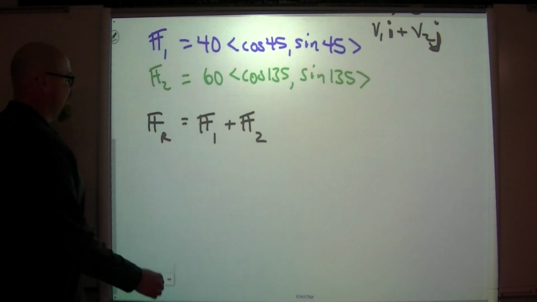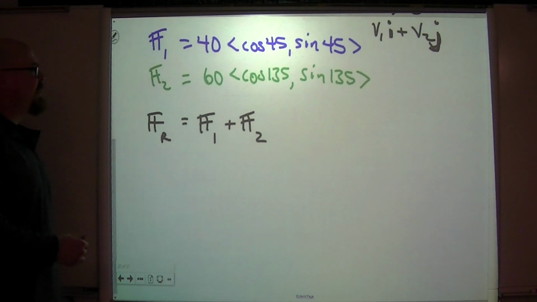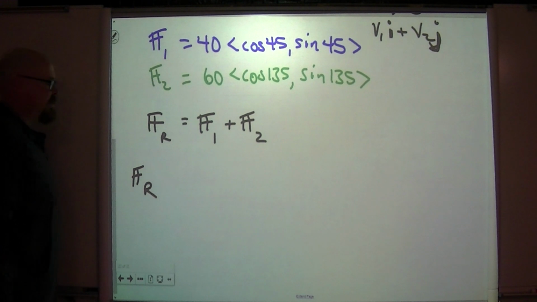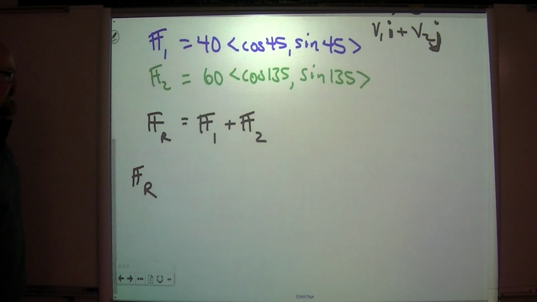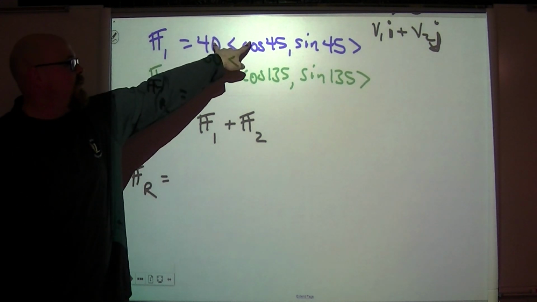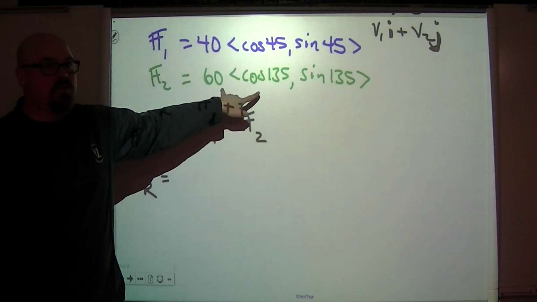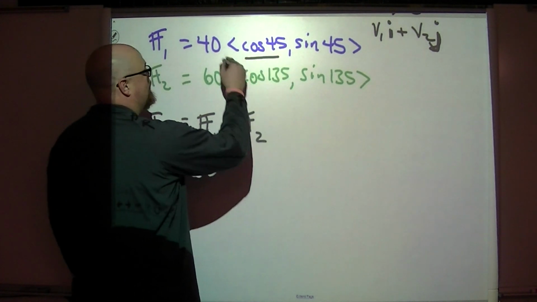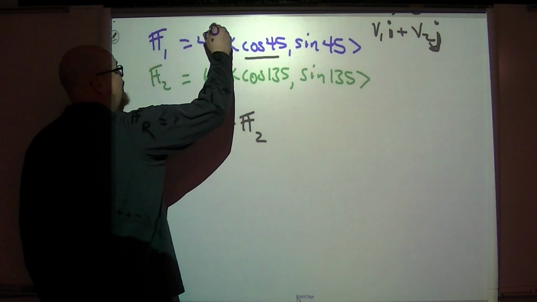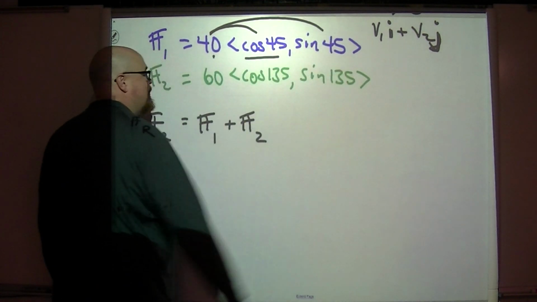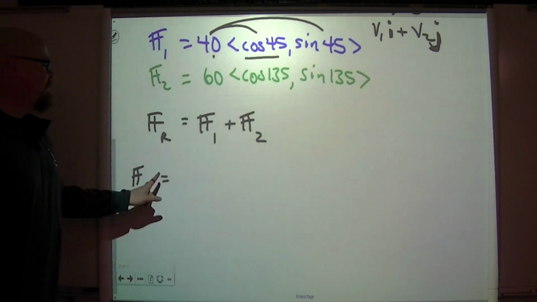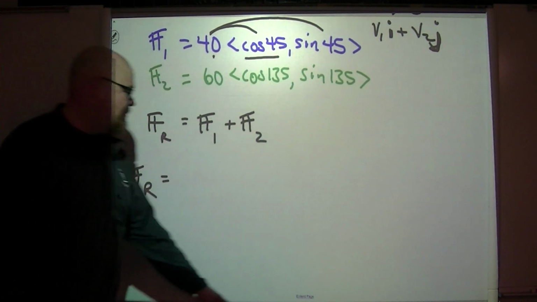So how do we write this? For the resultant force, we're going to add the horizontal components, which are these two. It's not just this piece, because this 40 is on the outside. Scalar multiplication means we'd have to multiply this times this, and multiply this here. Actually, you know what might make more sense?